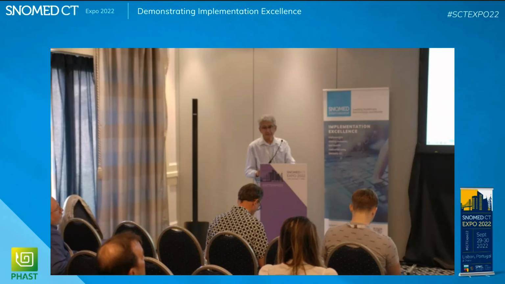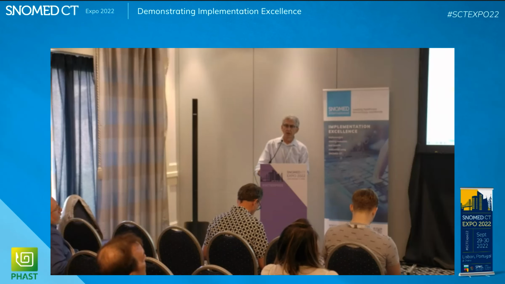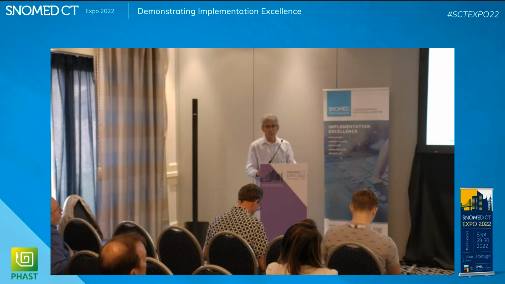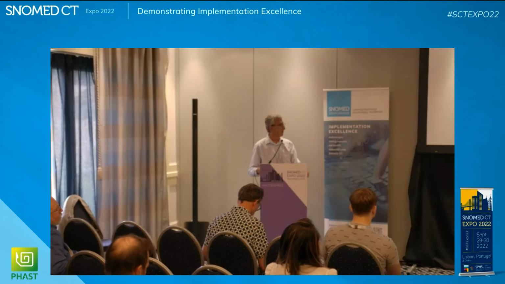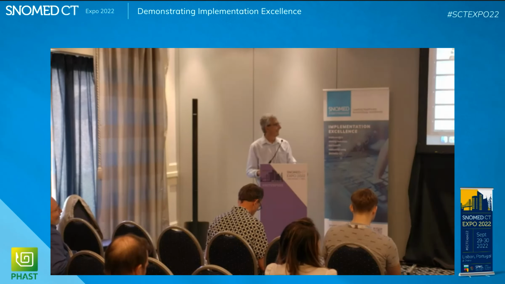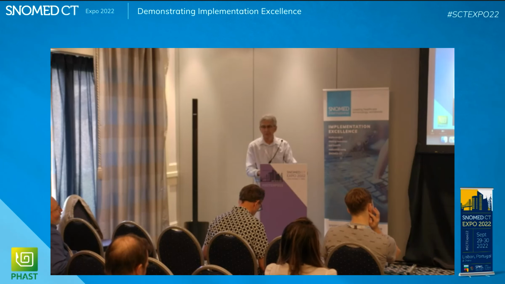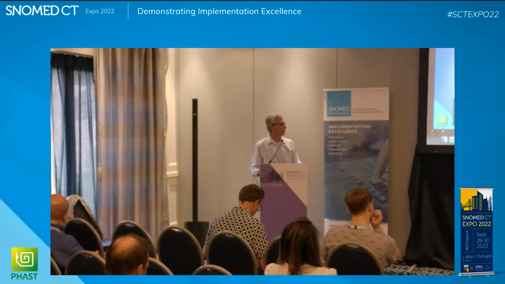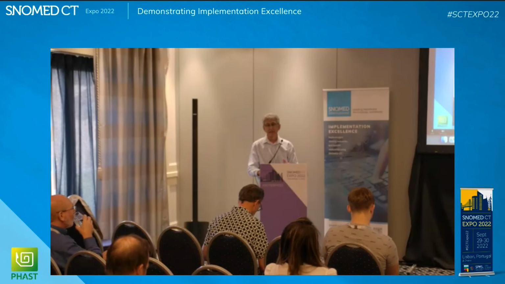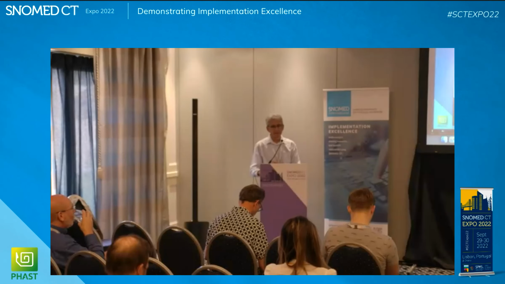And starting with the information model, we have selected the HL7 FHIR standard, which provides resources both to represent the data in the patient record and to represent the content of the catalog.